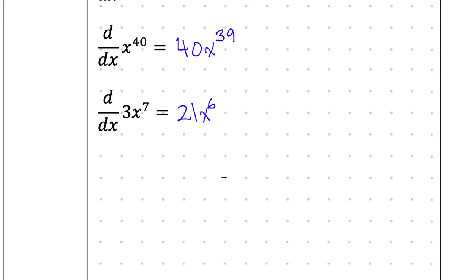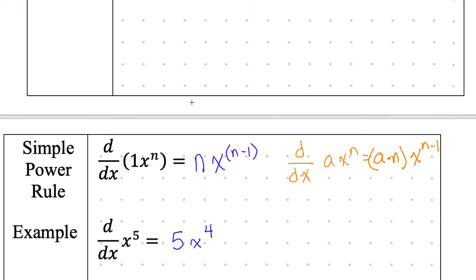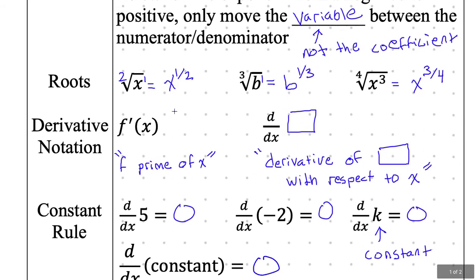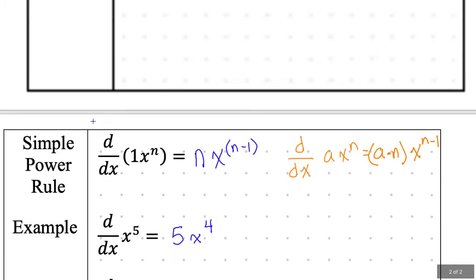Let's try a different notation here. Let's say I have some function f. The function f of x is 2x to the power of 5. And then the derivative is... How do I write the derivative using your fancy notation right up here? Derivative notation. Yes, f prime of x.